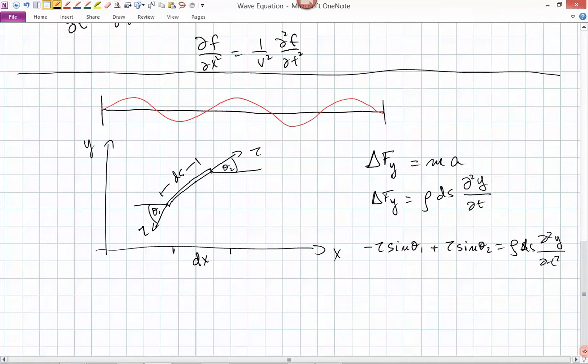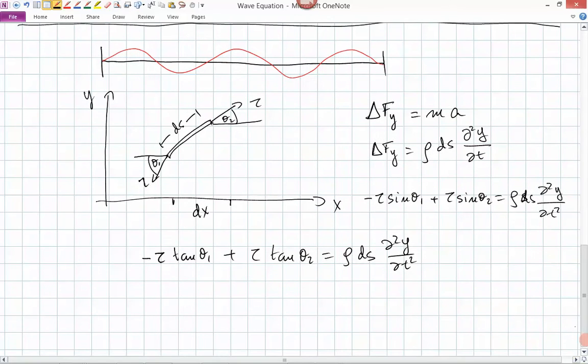And then if we assume that the angles are small, I can rewrite this as minus tau tangent of theta 1 plus tau tangent of theta 2, equal to rho ds times the second partial of y with respect to t.